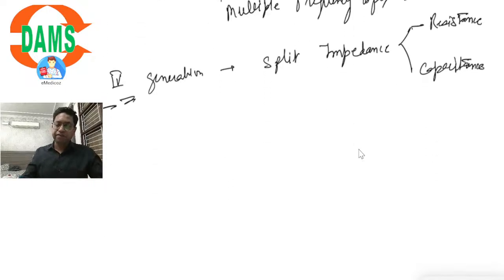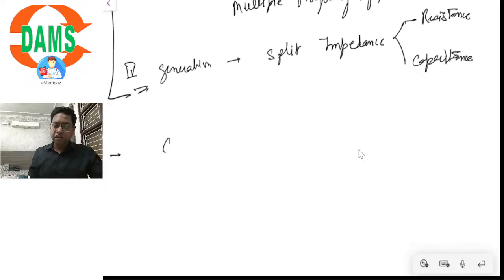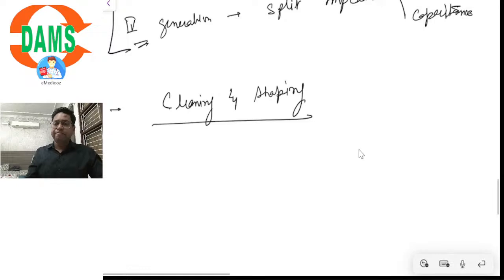Then, after working length determination, we talk about the cleaning and shaping of the root canals, which is also called endodontic cavity preparation.